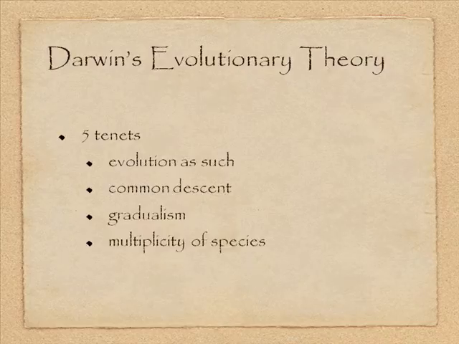So through the process of geographic isolation and adaptive radiation, daughter species would go off and eventually become separate, or new species different from their parent species. And all of this happened through the mechanism of natural selection.